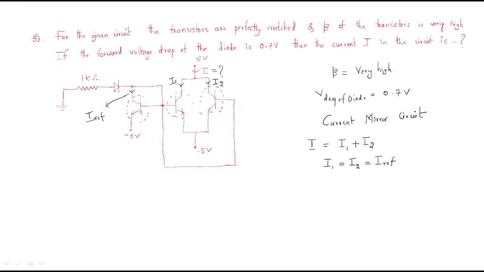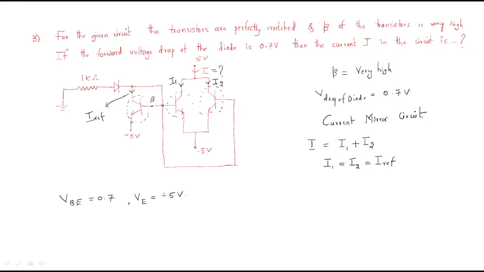We know that here this is the base and this is the emitter. This drop, we know the value VBE equals 0.7, and the voltage VE is minus 5 volts.